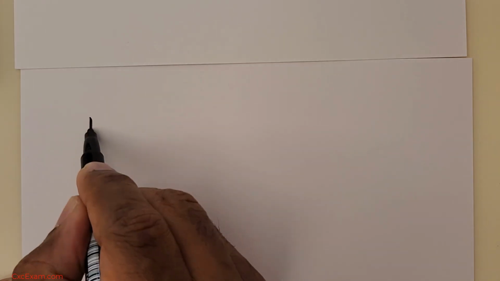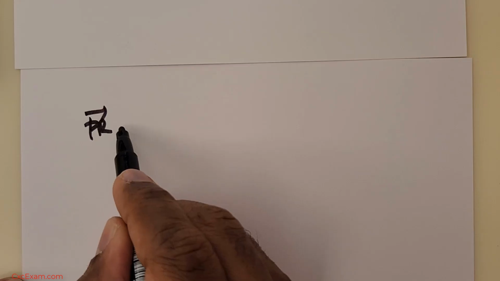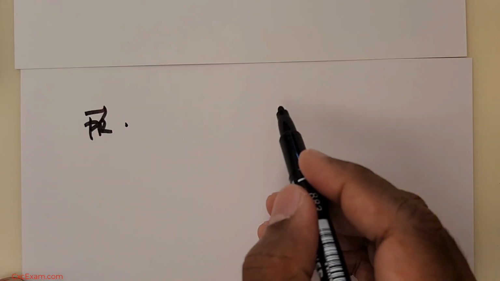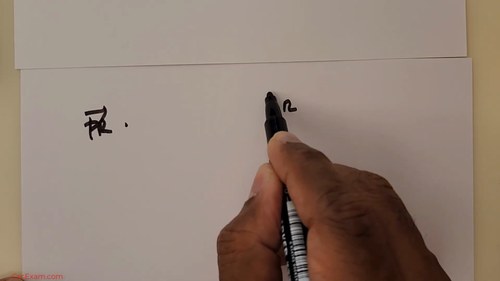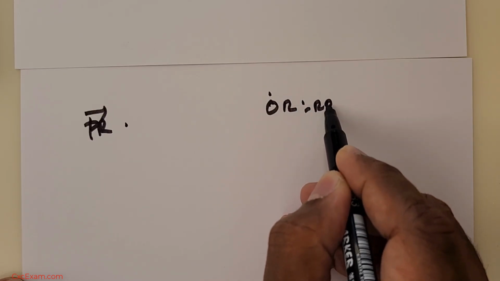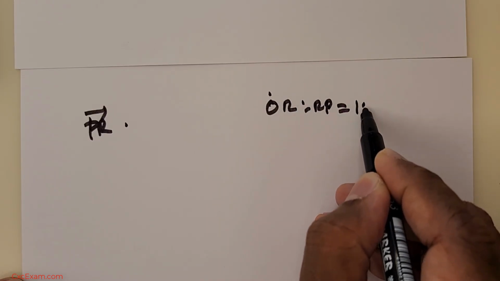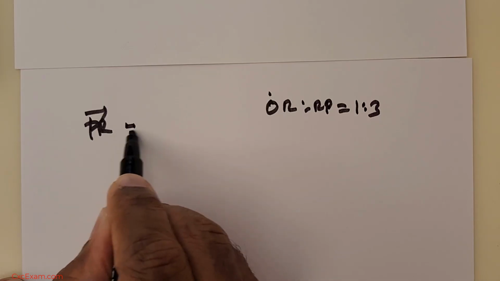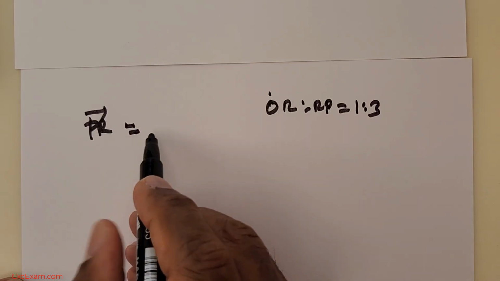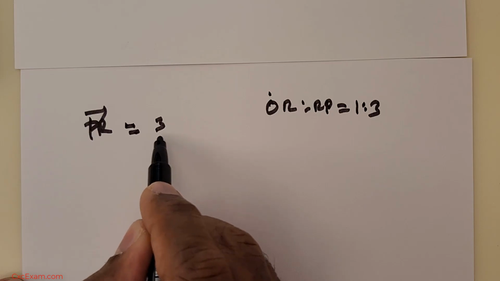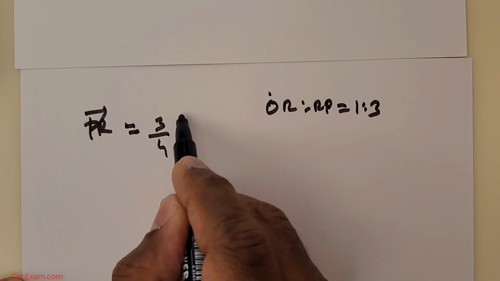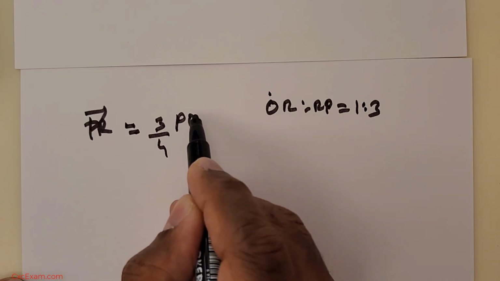Now next we are asked to find PR vector. Now PR vector, if you see the question, we have given OR is to RP is 1:3. Therefore PR is going to be 3 divided by 4 of PO vector.